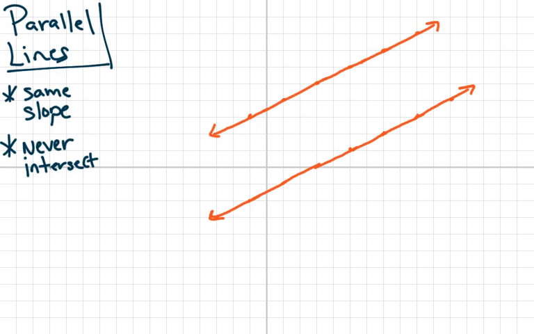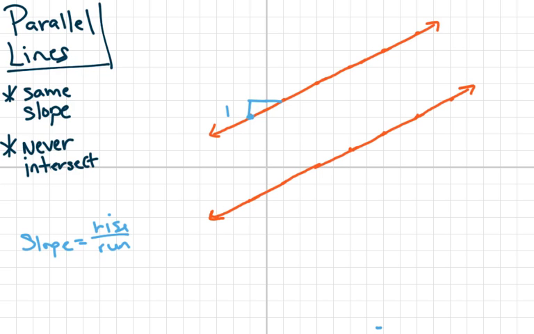So if you look at the top line here, you can look at the slope of this line by calculating your rise over run. Slope does equal rise over run, with rise being up or down, and run being left or right. If I start at this point right here and count, it goes up 1 and then right 2.